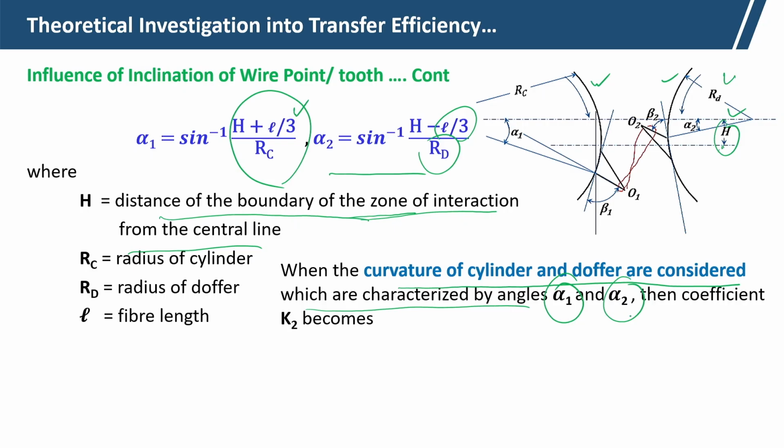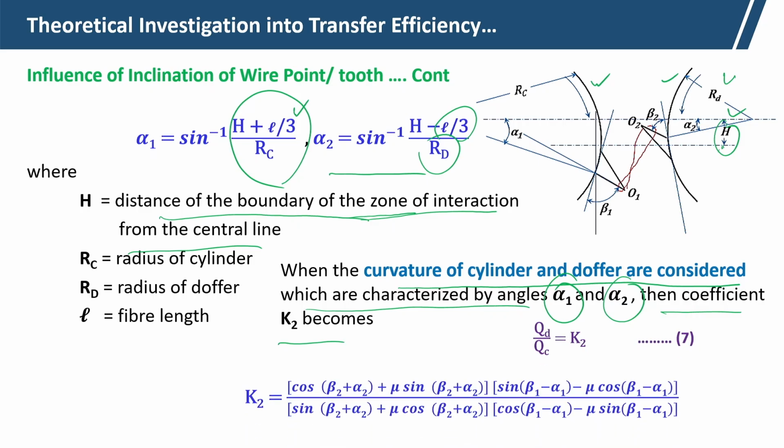So, alpha 1 and alpha 2 change, then the coefficient K2 becomes QD by QC. So, this is the K2, where we are considering alpha 1 and alpha 2.